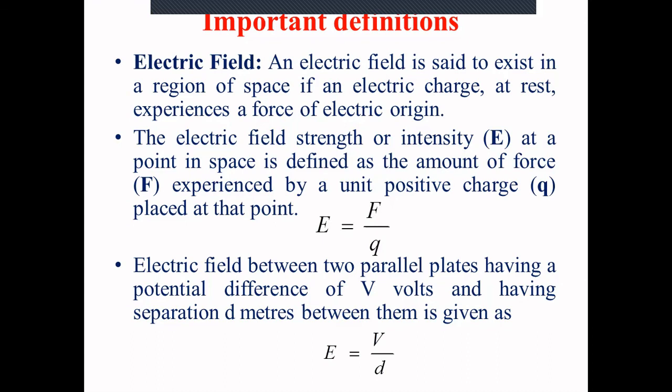Let us assume that D is the distance between point P and point Q. Then the electric field between these two parallel plates having a potential difference V and separation D meters between them is given by E equals V by D.